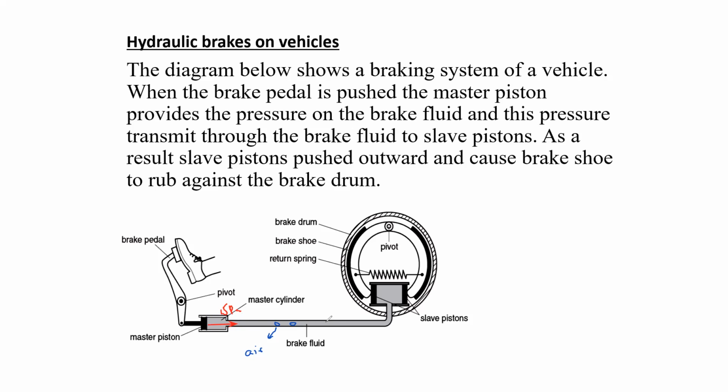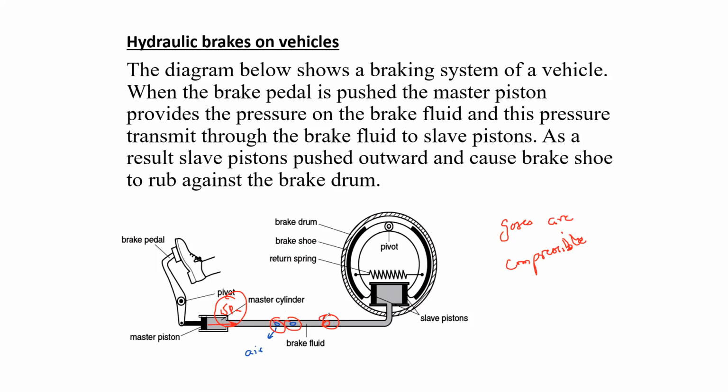If there are air bubbles present, what can you think about it? Yeah, it will be less than 15. Why will it be less than 15? Because gases are compressible. Some of the pressure which we apply is used to compress the air bubbles.